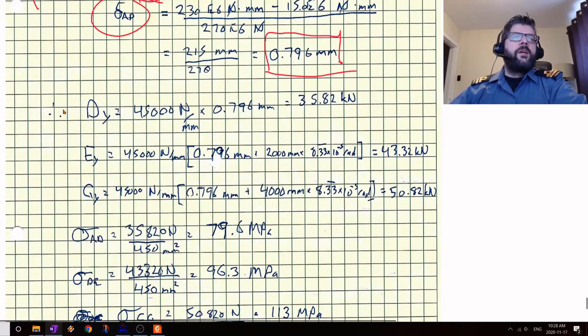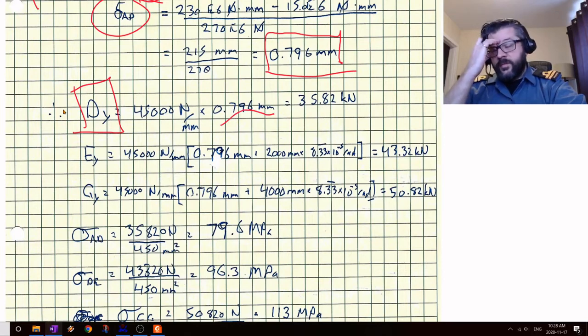And then from there, again, we can solve for the reaction forces, because we've got both of the unknowns: the delta AD and the angle.